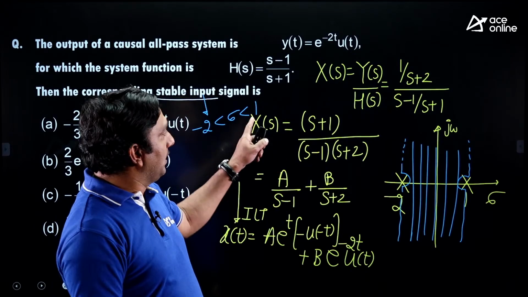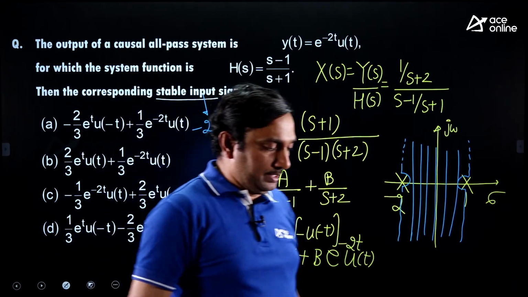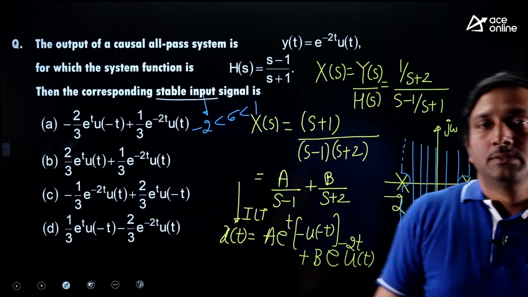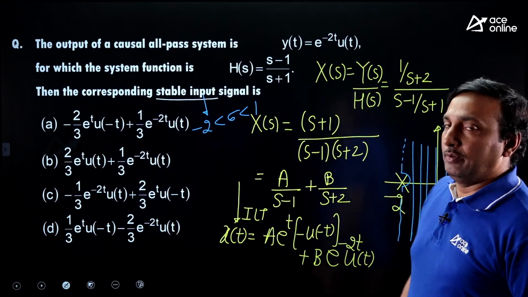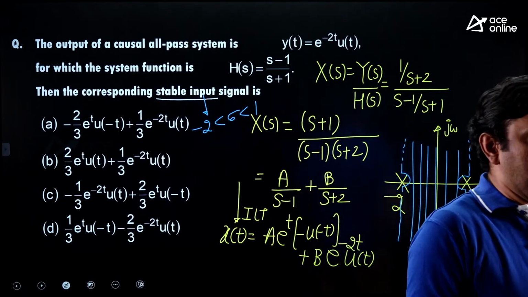The word stable input is expected. ROC must include the j omega axis. I hope the point is clear for everyone. Stable input.